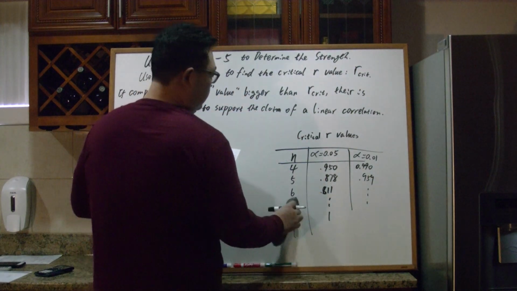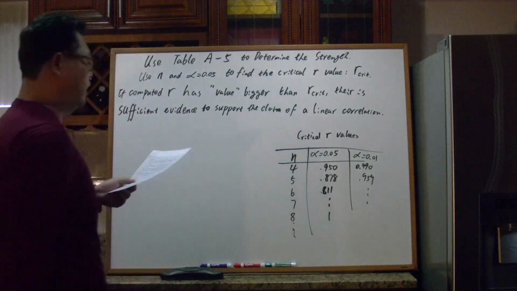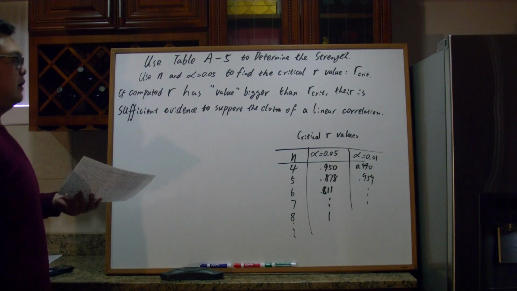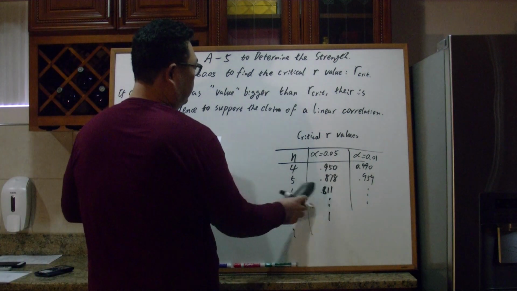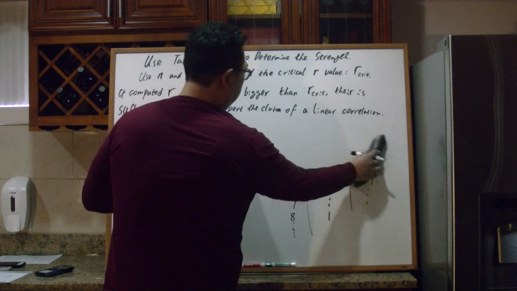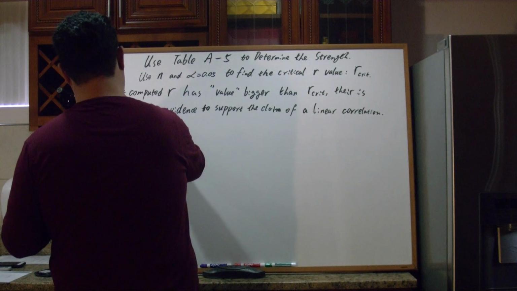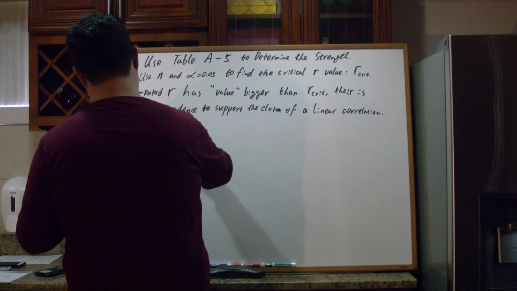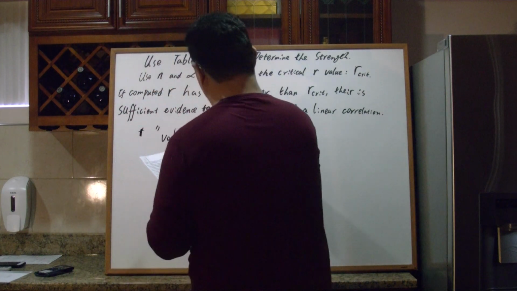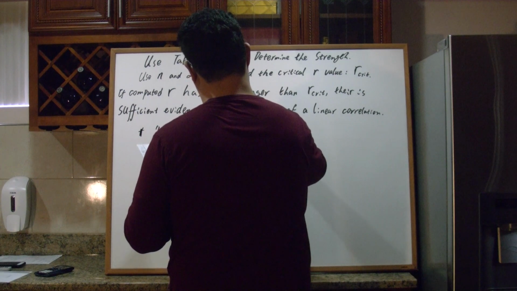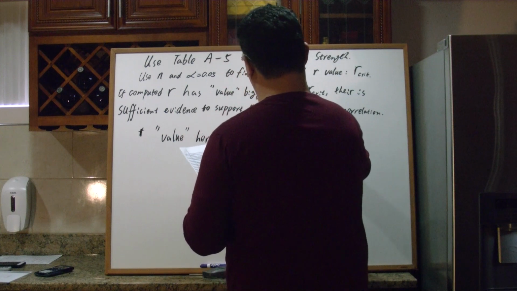Right, if you see the 6 and the alpha equal 0.05, that is the example we did before, right, the sample size is 6, and if we compute the R, that is 0.625, but the critical value needs to be 0.811. Something needs to be clarified. The value here indicates the absolute value, as I mentioned a couple times already.